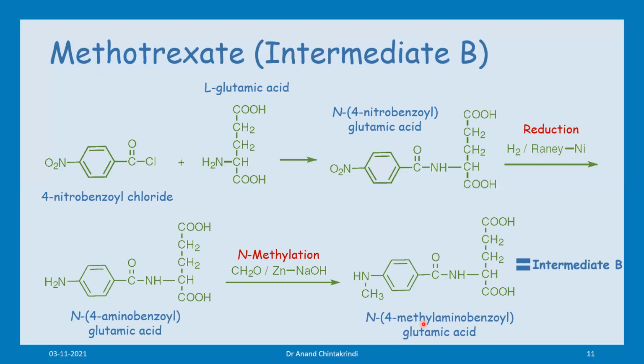Recall that intermediate A is a pteridine ring and intermediate B is a glutamic acid derivative, both very peculiar of methotrexate, which is an antimetabolite of folic acid, which also contains this pteridine ring and glutamic acid part.